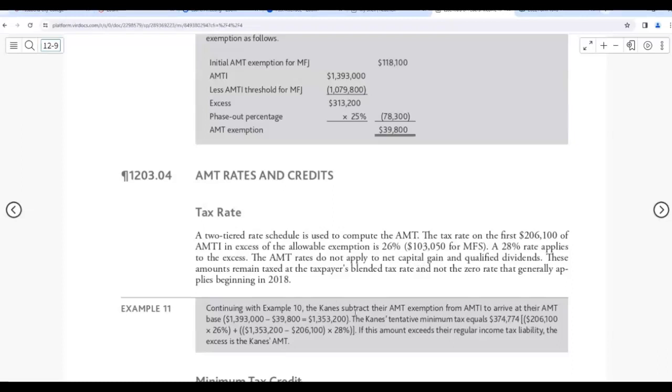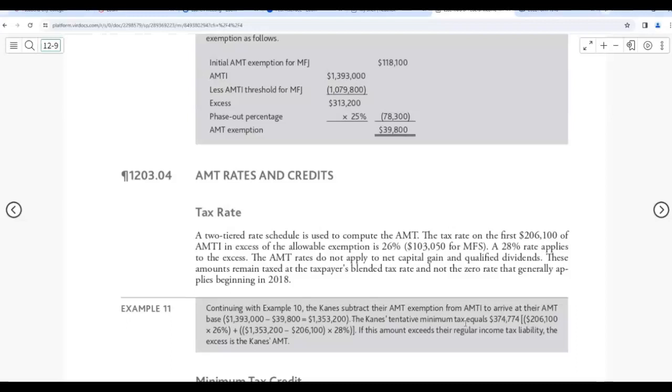Continue with the example. Kane subtracts the AMT exemption from alternative minimum tax income to arrive at the AMT base, which is 1,393,000 minus the 39,800 that we just calculated, is $1,353,200 taxable income.